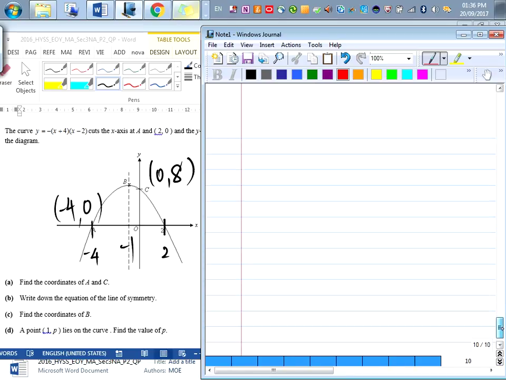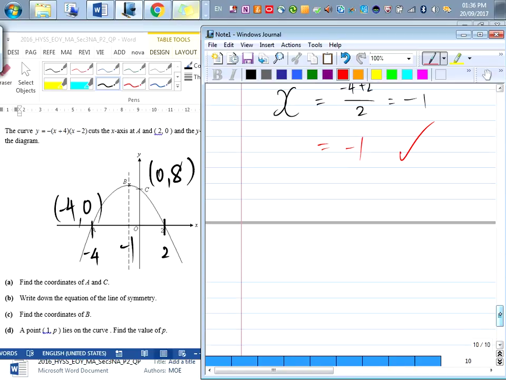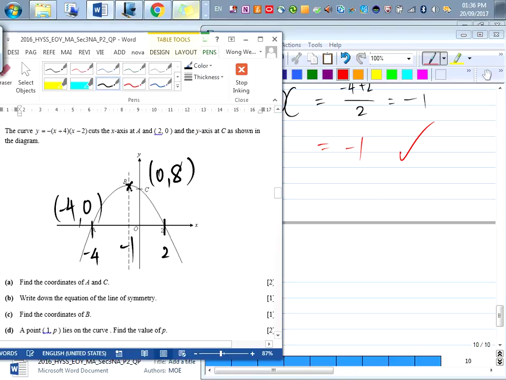Alright, now for the part C. Part C, I want to find the coordinates of B. What is this special point B? It is the highest point. It is my maximum point. The maximum point will lie on the line of symmetry. Definitely. So Kai, tell me what is the x coordinate of B?